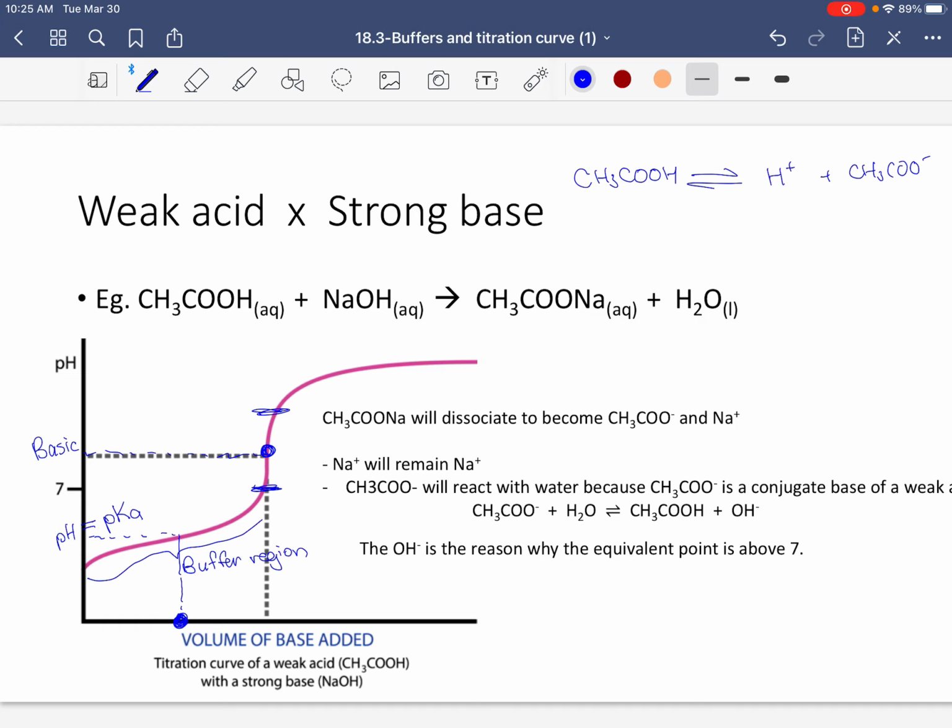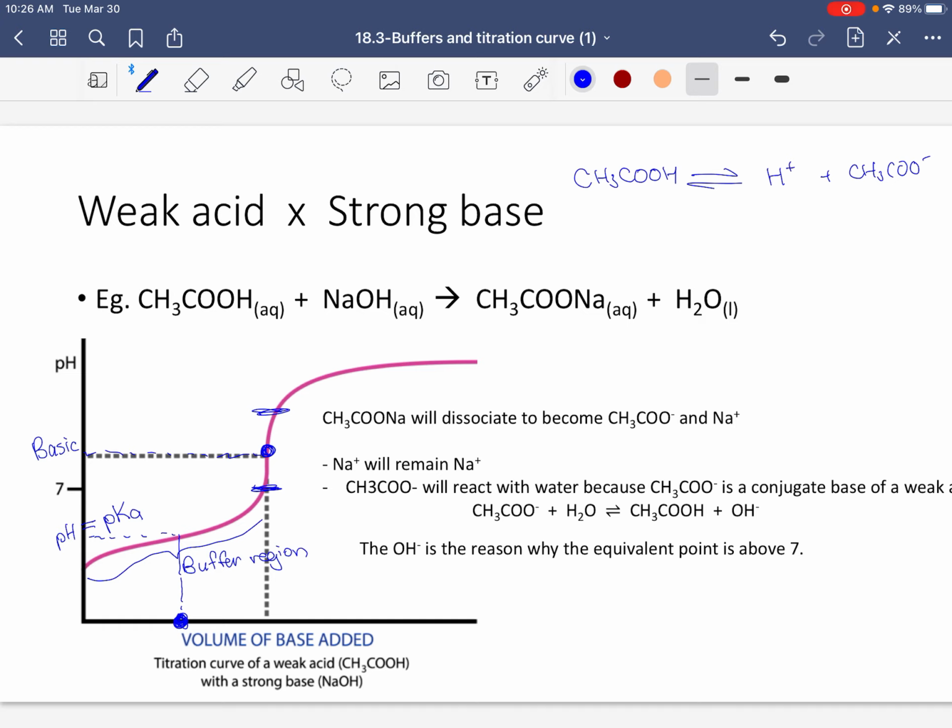Remember, all weak acids have a certain Ka value. That's the dissociation constant. If you react your weak acid with a strong base like you see here, and you go to the half equivalent point, the pH that you get is actually the pKa, which is the negative log of the Ka of acetic acid.